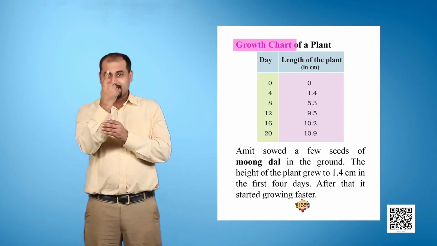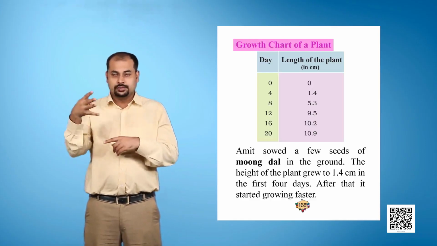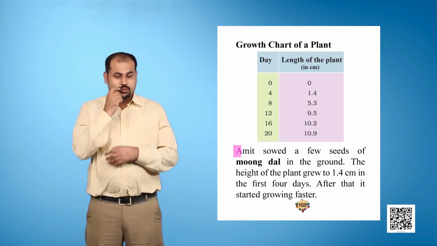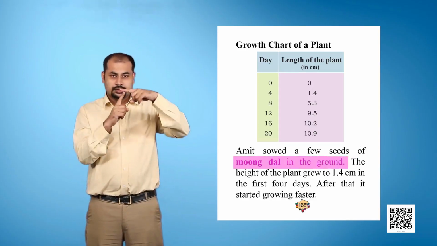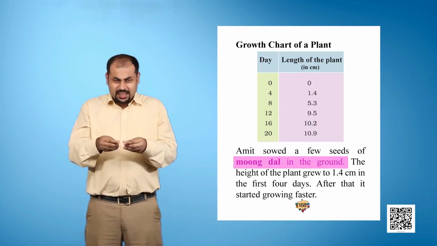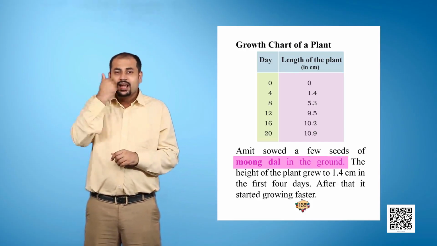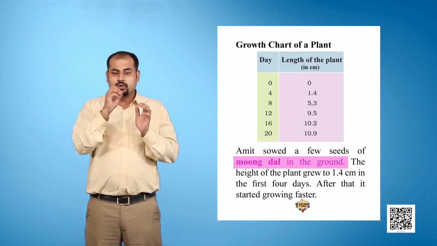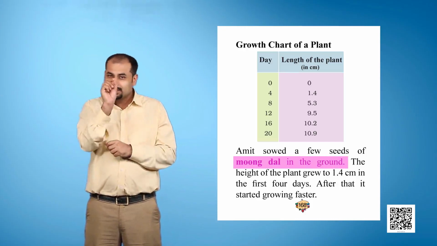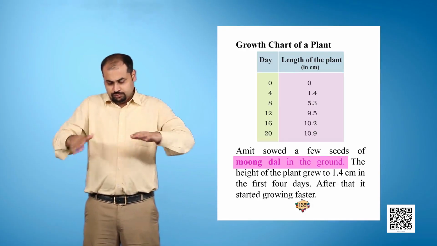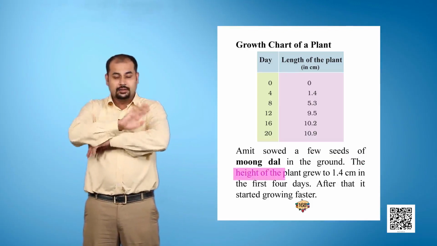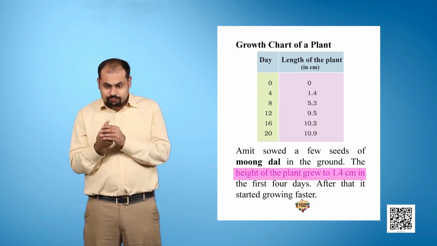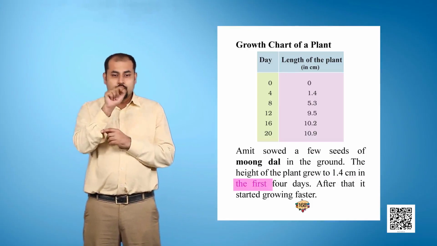Growth chart of a plant. Amit sowed a few seeds of moong dal in the ground. The height of the plant grew to 1.4 centimeter in the first 4 days.